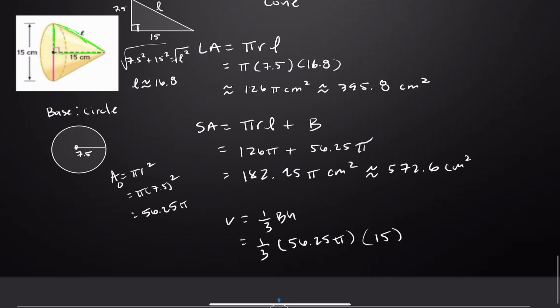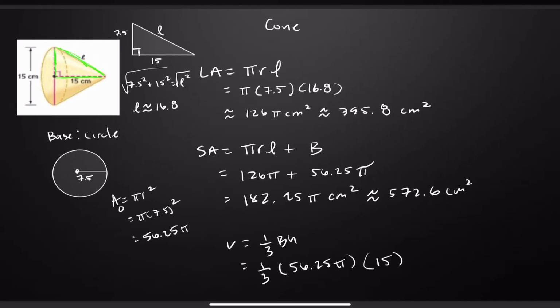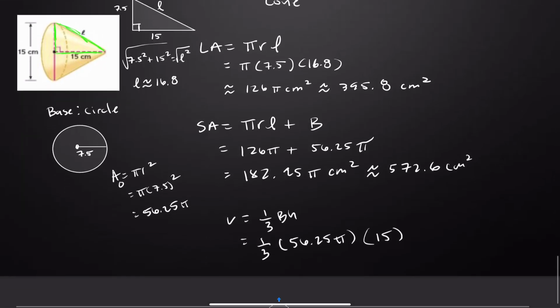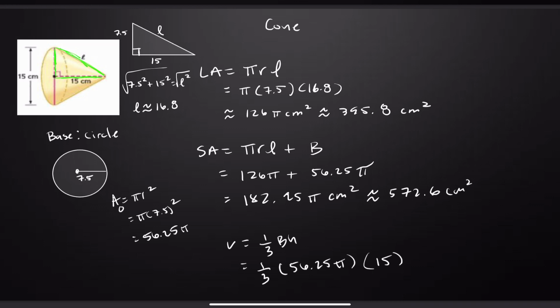Okay, so you're going to do 1 divided by 3, or you're going to put parentheses 1 divided by 3 multiplied by parentheses 56.25. Just kidding, don't put the pi in. Multiplied by the 15, and you should get 281.25 pi.